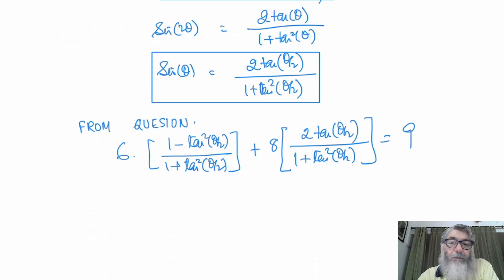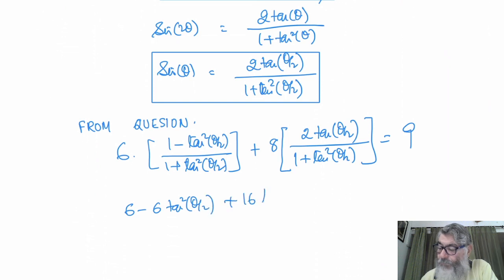Now what are we going to do? Again the same thing, we are going to take the LCM. 6 minus 6 tan square theta by 2 plus 16 tan theta by 2, equal to 9 into (1 plus tan square theta by 2).